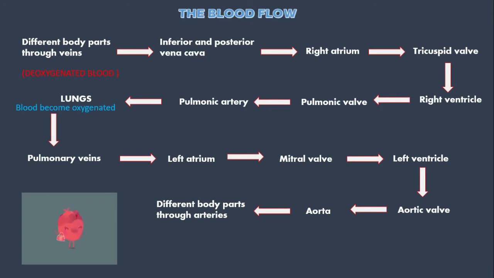The pulmonary vein empties oxygen-rich blood from the lungs into the left atrium. As the atrium contracts, blood flows from the left atrium into the left ventricle through the open mitral valve. When the ventricle is full, the mitral valve will shut.